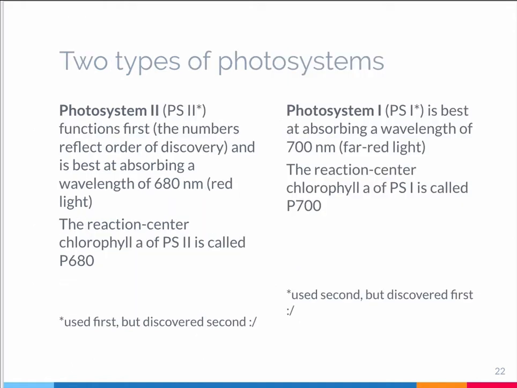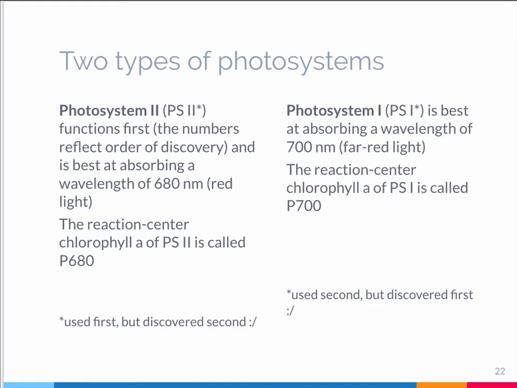So there are two photosystems called Photosystems 2 and 1. This is a little confusing because light actually strikes photosystem number 2 sooner than it strikes photosystem number 1. So it's unfortunate that it's named that way.